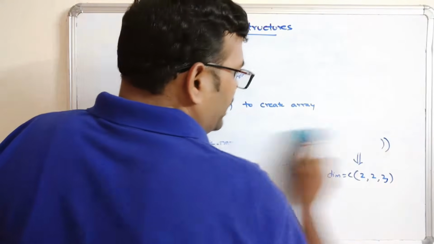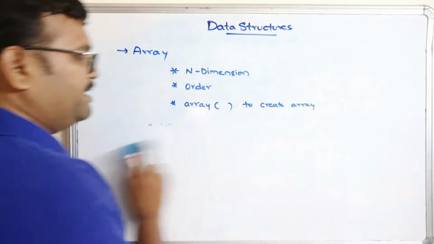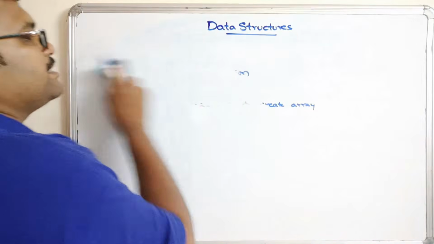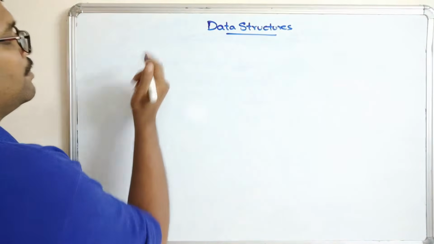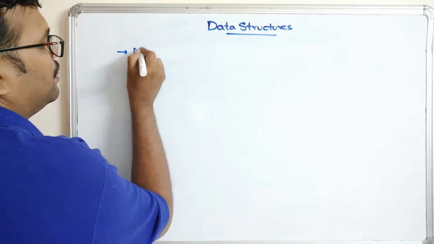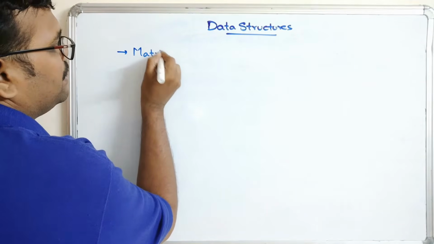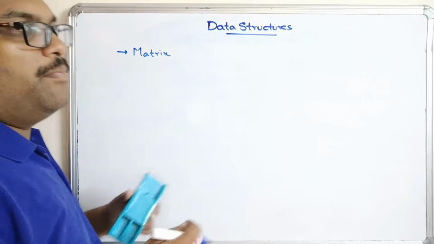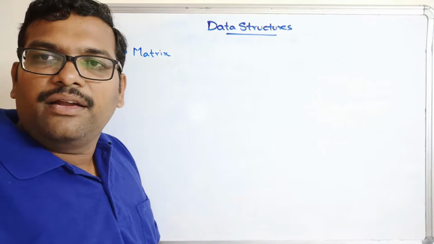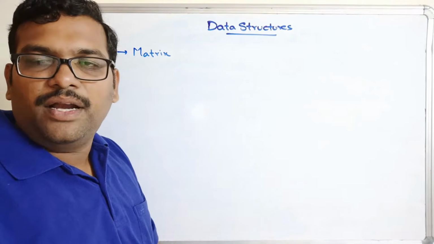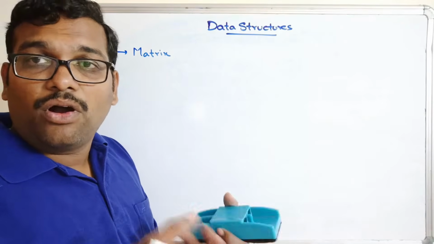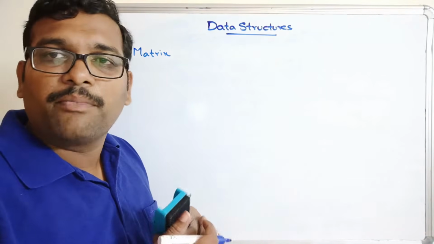And the next and the last one is a matrix. See, matrix. So a matrix is also created in terms of rows and columns, right? So we represent a matrix order as number of rows into number of columns.